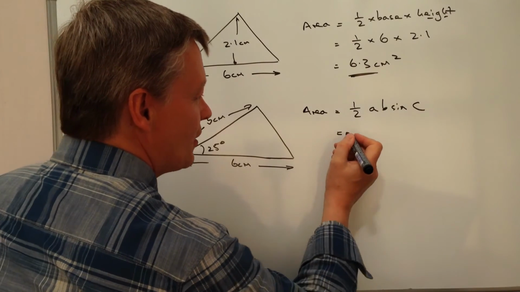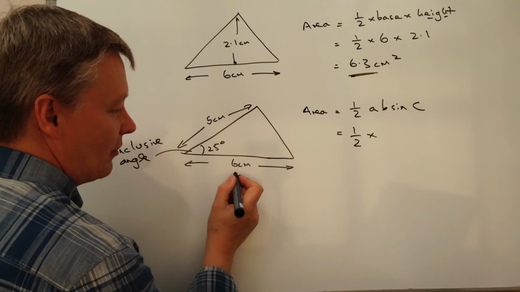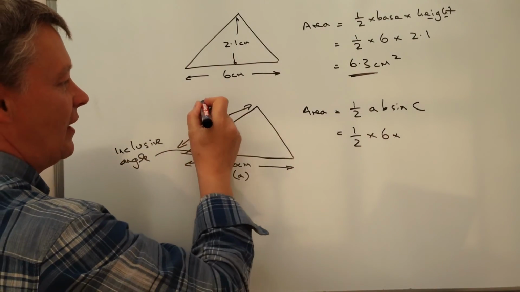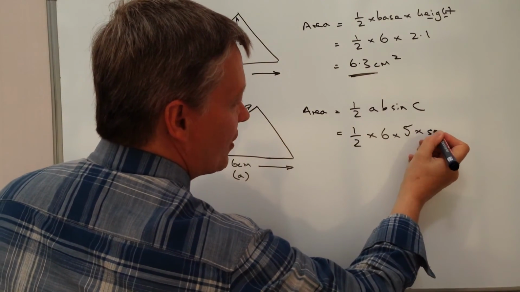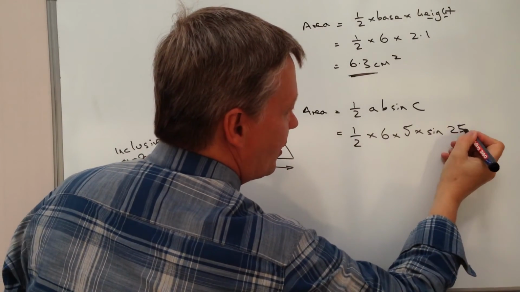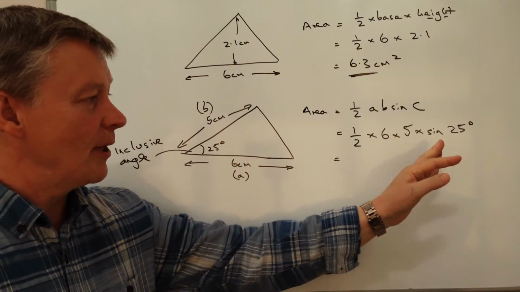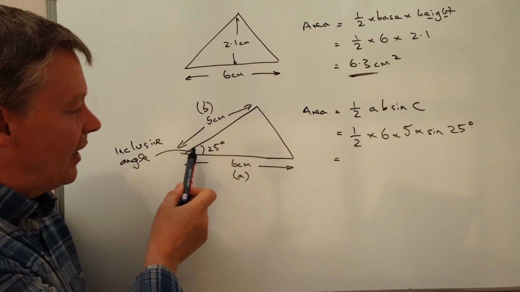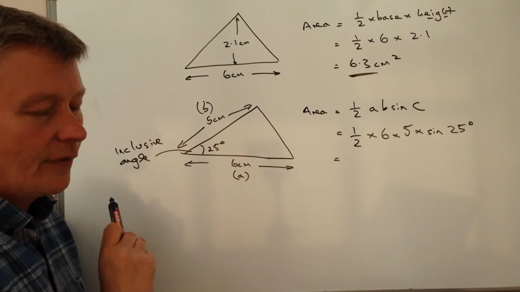And the way you would put it into your calculator would be a half multiplied by A, which I'm going to call this side 6, multiplied by B, which is this side 5, multiplied by the sine of 25 degrees. Okay, so you do need to have a scientific calculator to be able to do that, and you do need to know, to work out the area, it has to be an inclusive angle to two sides, and you need to have these pieces of information.